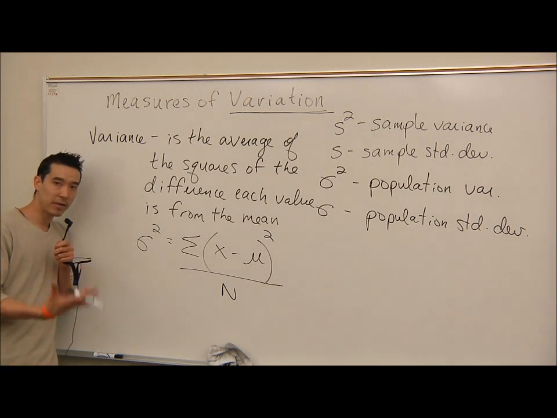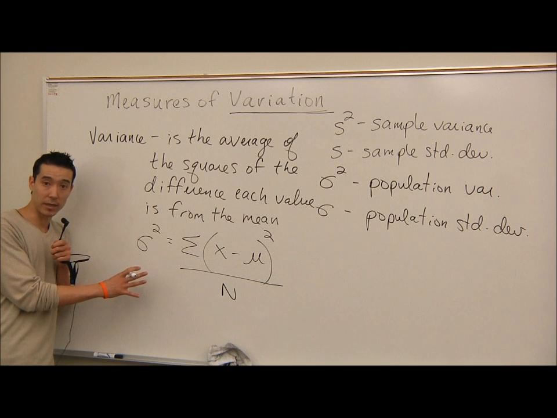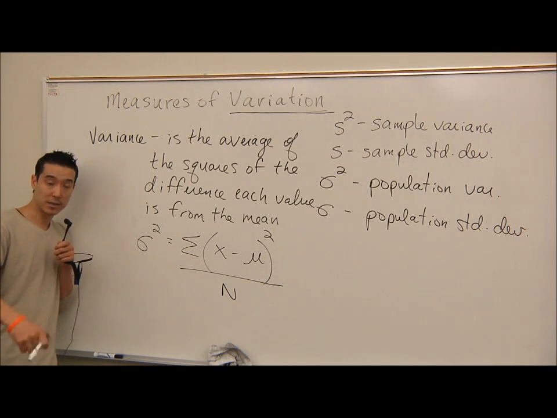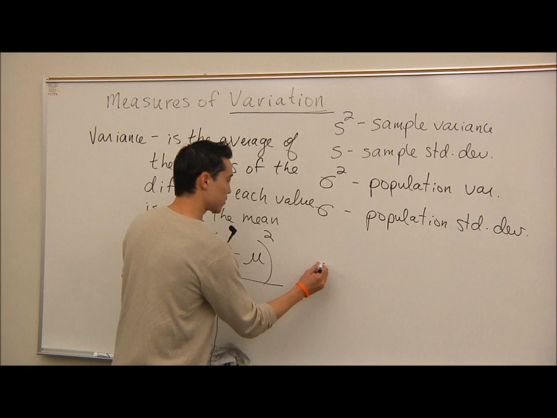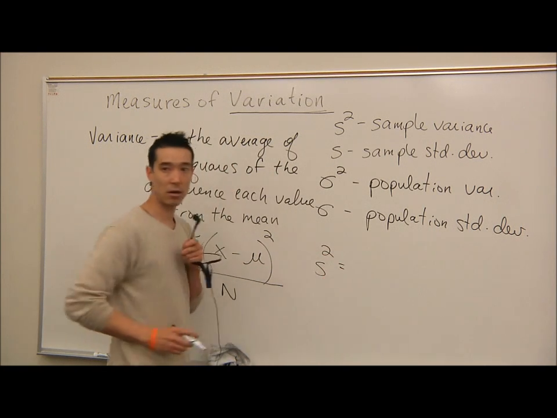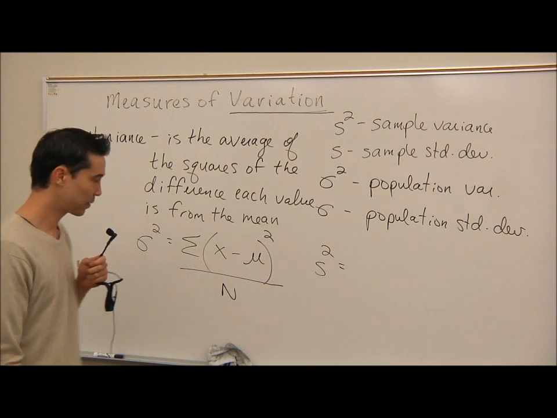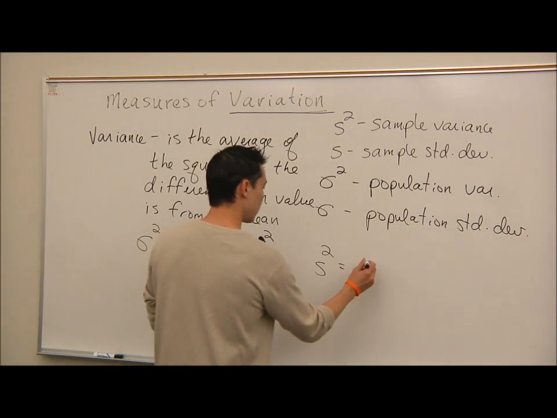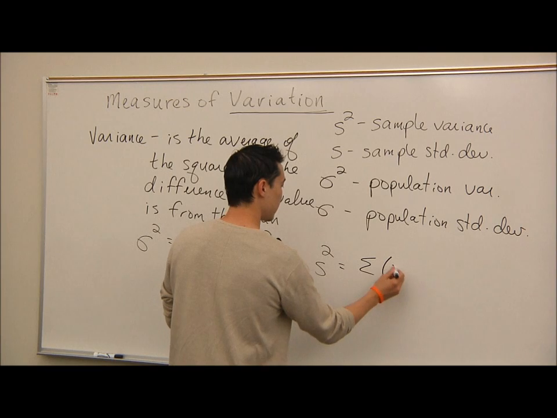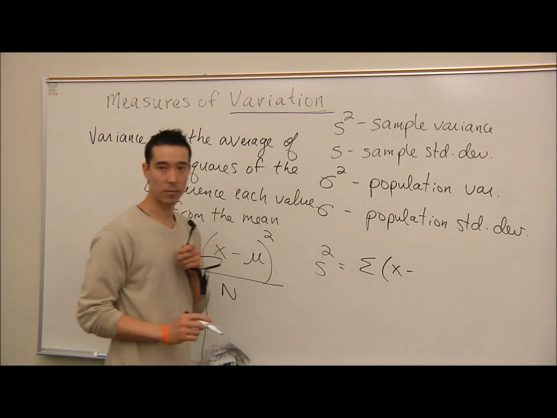Now again, it's very rare that we're ever in this class going to use the whole population. So what we're going to look at is this formula, s squared. This is our sample variance formula, which is the one that we're going to utilize. So adding up all of the x's, what is the mean when we're talking about a sample?